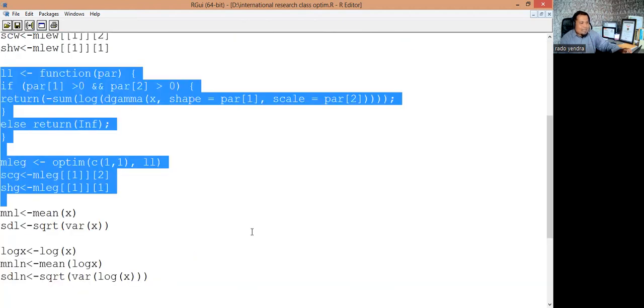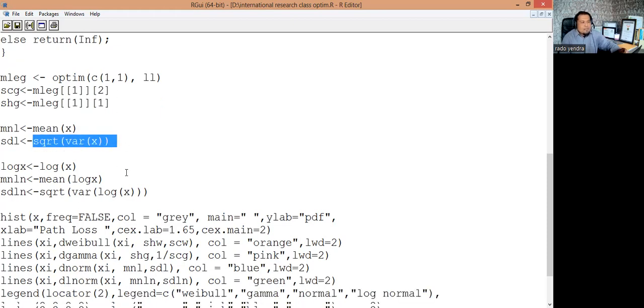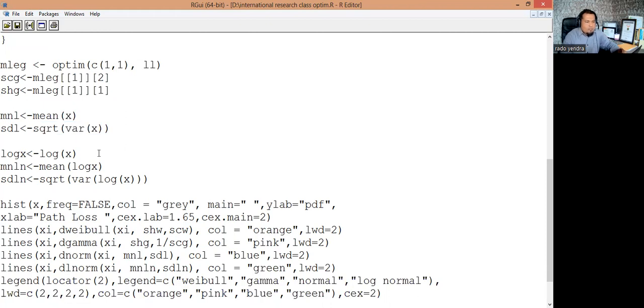Now, like I said, for the normal distribution we just find the mean and the standard deviation of the data. For the log normal distribution, for the first step, we must take the natural logarithm of the data, and after that we take the mean and the standard deviation.